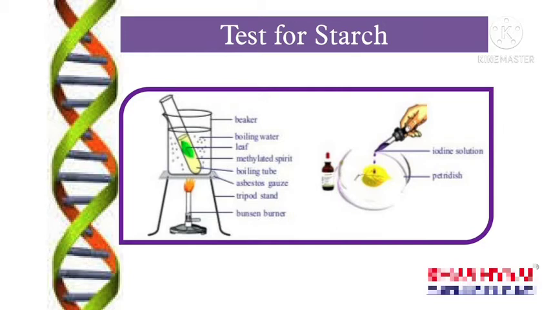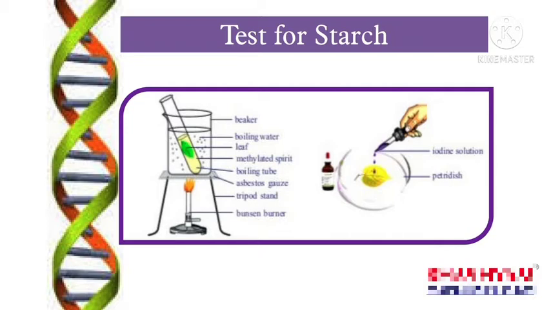Now this glass tube with the leaf and methylated spirit has to be placed in the beaker with water. Place this setup on the asbestos gauze on the tripod stand. Now boil this methylated spirit under the Bunsen burner.